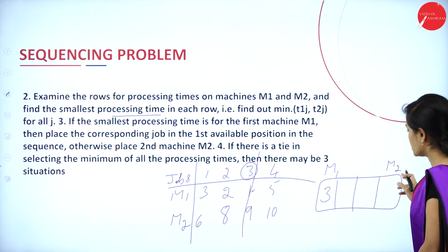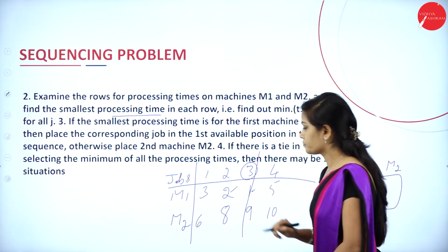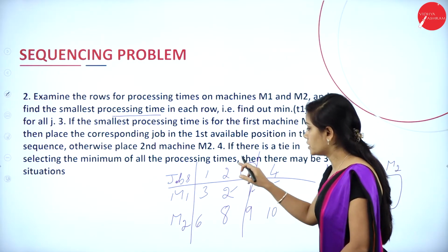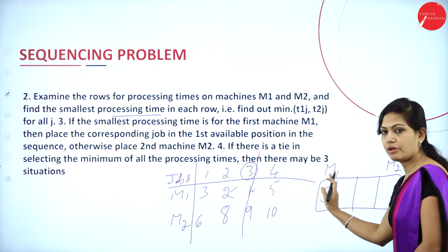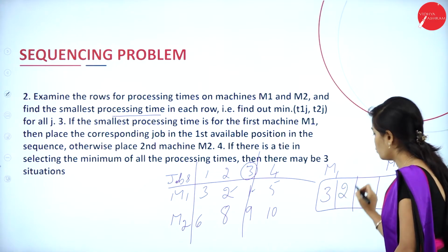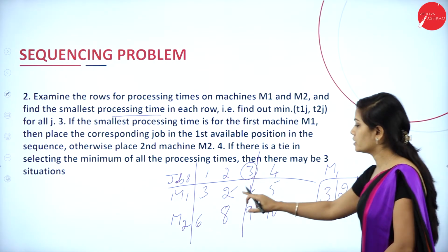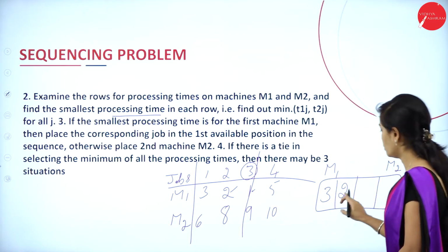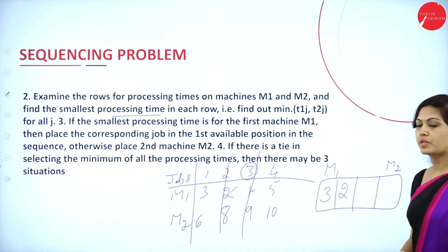The next least value is 2. So 2 comes under job 2 and machine M1. Machine M1 means I will write this side. So job 2 is written here. I will strike this out.